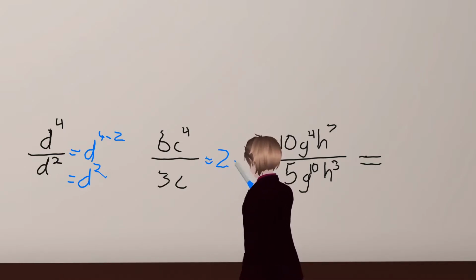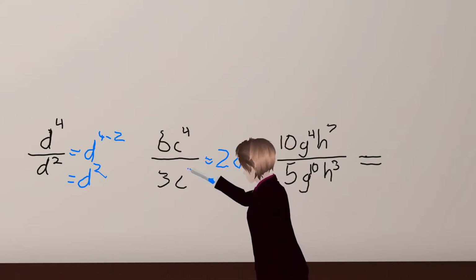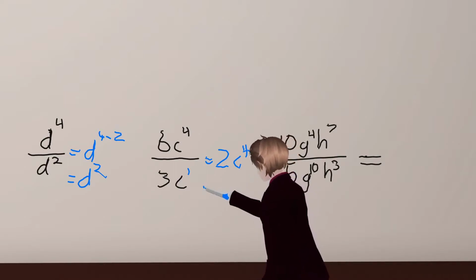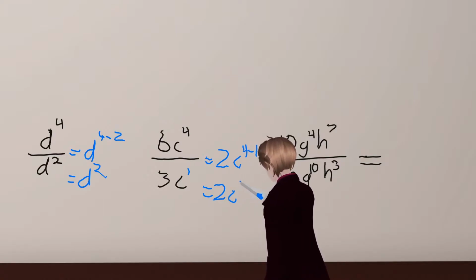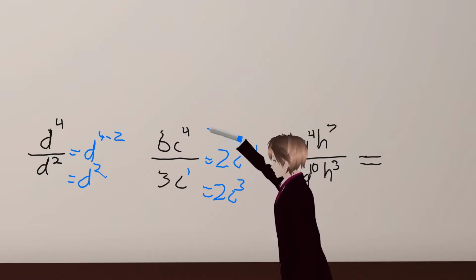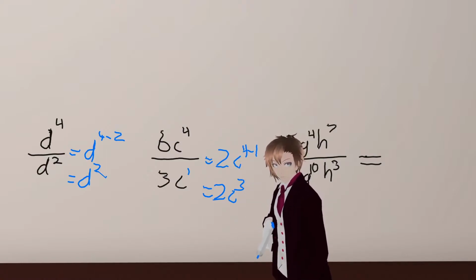And then c to the power of 4, take away c to the power of 1. So this is equal to 2c to the power of 3, because we just take away the bottom power from the top power.